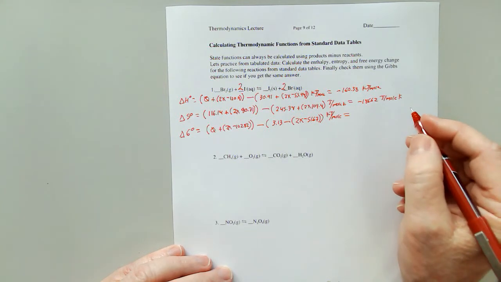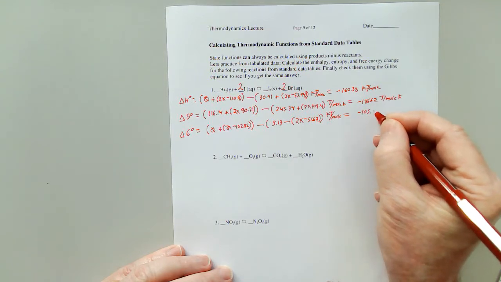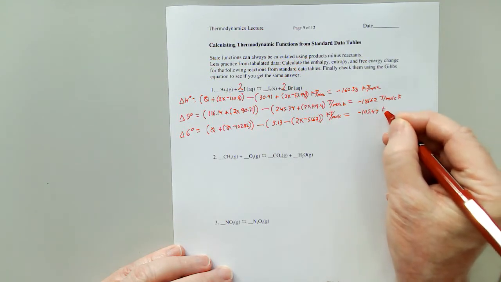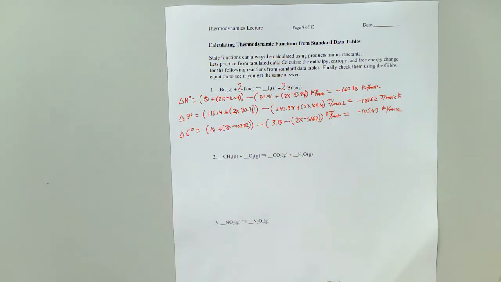And once that has gone through my calculator, that's negative 105.43 kilojoules per mole. And since these are standard thermodata, we know they're all measured at 25 degrees Celsius.